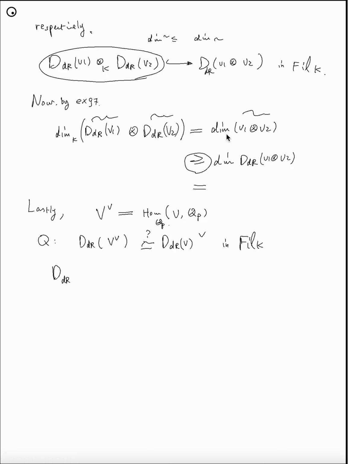What we know is that D_dR of the dual is by definition the Hom functor from V to Q_p, tensored with B_dR, and by our results from the tensor product, we know this is Hom of V to B_dR. This is just base change or scalar extension.